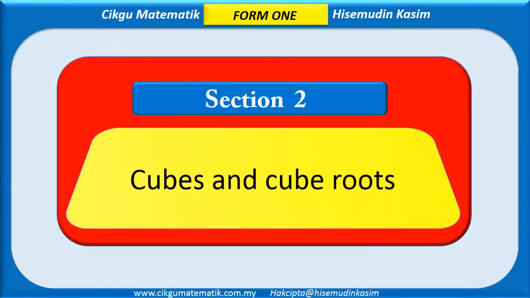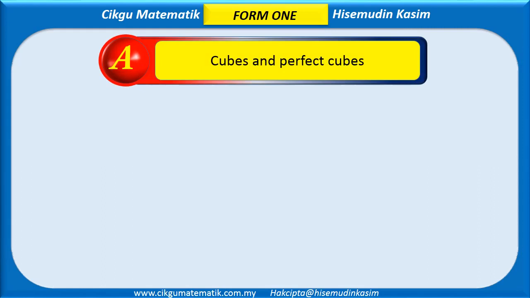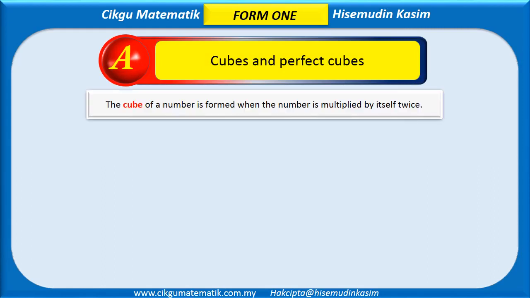Section 2. Cubes and cube roots. A. Cubes and perfect cubes. The cube of a number is formed when the number is multiplied by itself twice.